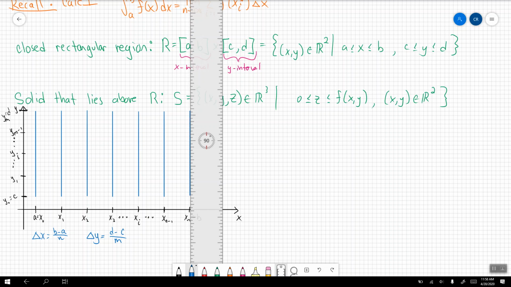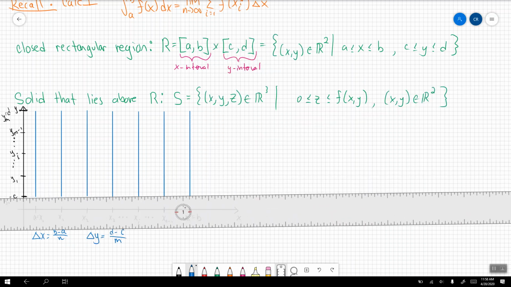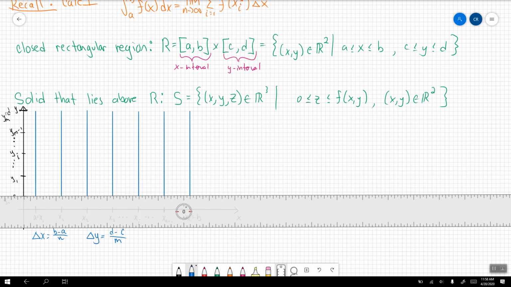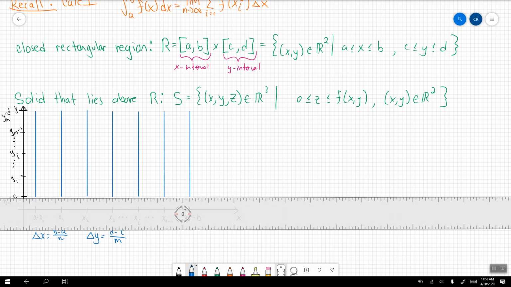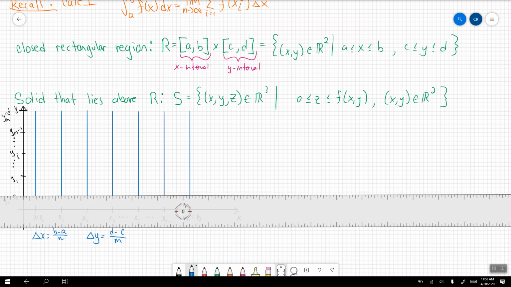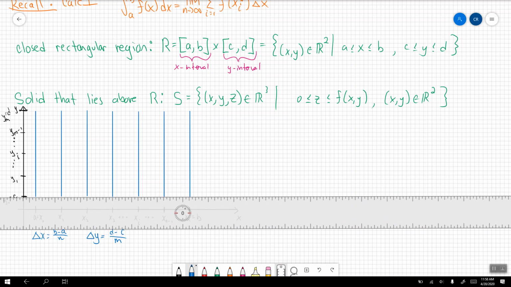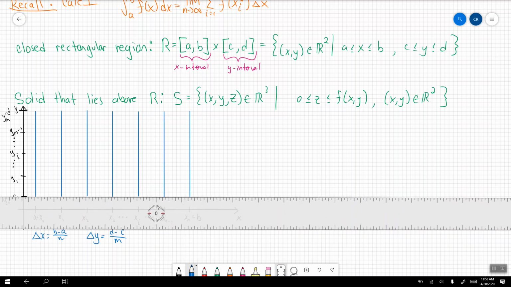Now I'm telling you, if I was trying to do this in class, it would take me a little while as well to try to generate all these pictures to the best of the ability that we can in the classroom. Now, I do have GeoGebra examples, and I want to show you those.